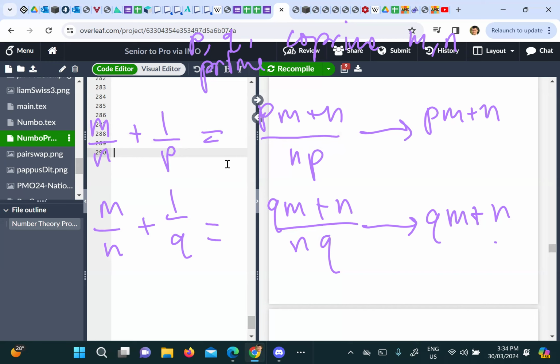What if N and P are the same? Yeah. Oh, yes, I guess they said P and Q were co-prime to M and N.